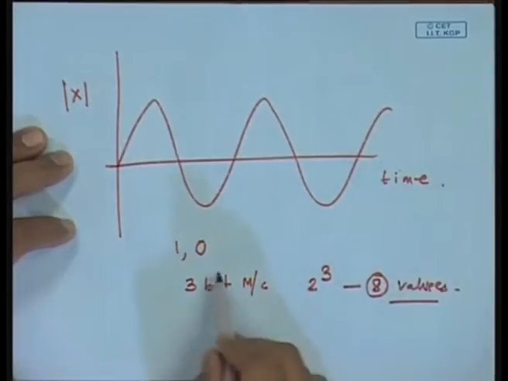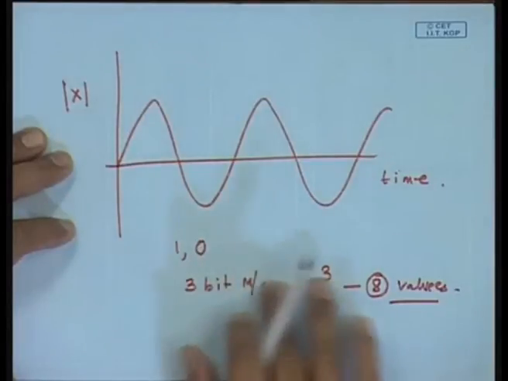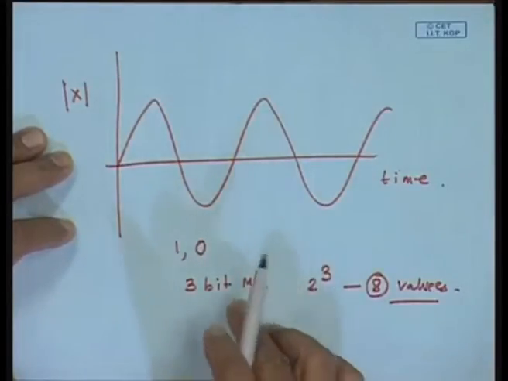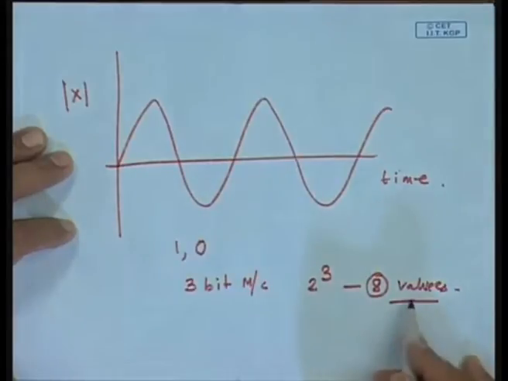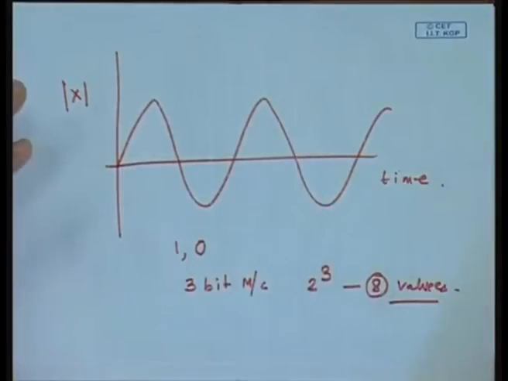Of course, no machine is 3-bit nowadays, but to begin with, if it is a 3-bit machine, the possible values this data can be stored as are only 8.